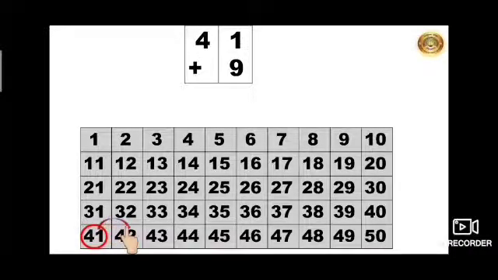First, 1, 2, 3, 4, 5, 6, 7, 8, 9. The last number which we got after going forward 9 steps is 50.